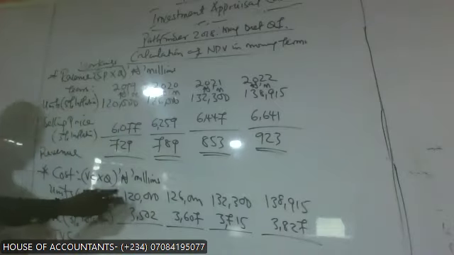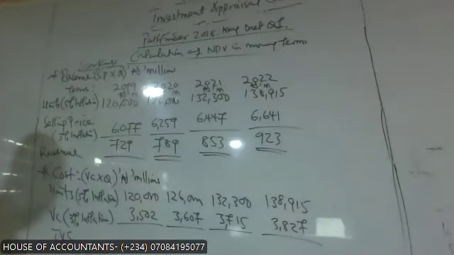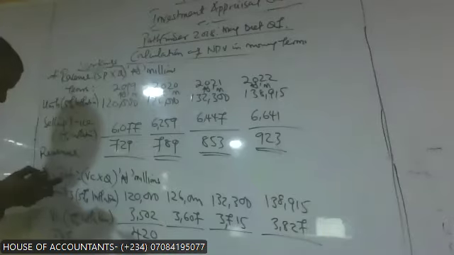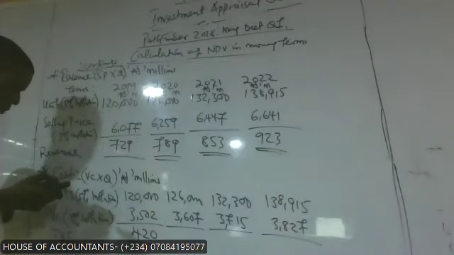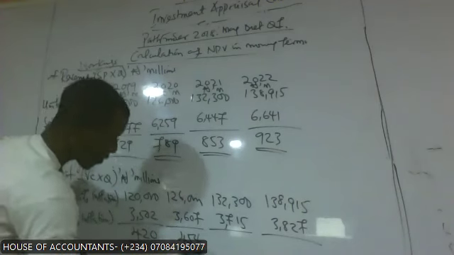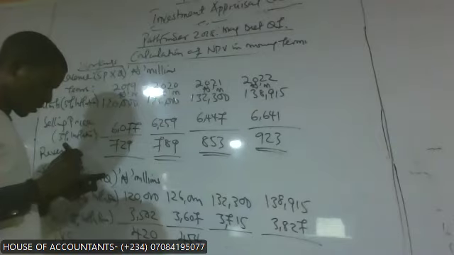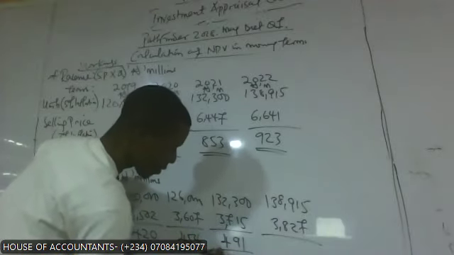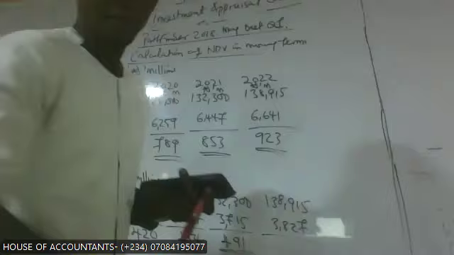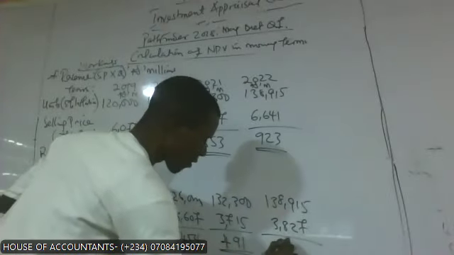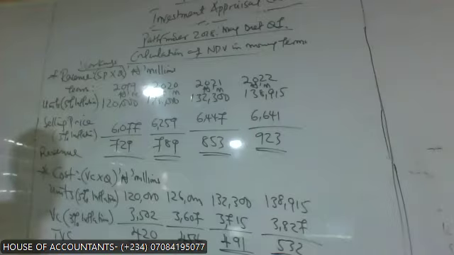When you multiply this by this, we have 420, followed by 454, followed by 491, followed by 532. So we've gotten our variable cost.